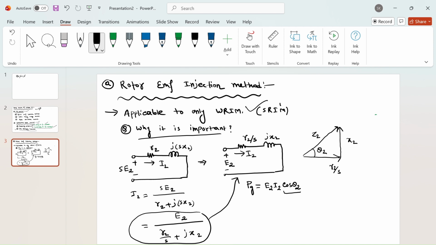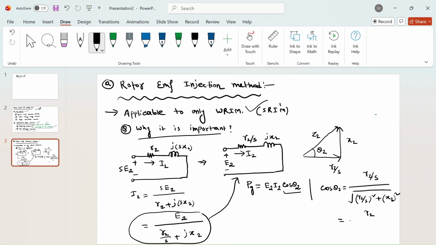So if you want to calculate cos theta 2, it is R2 by S under root of (R2 by S) whole square plus X2 whole square.